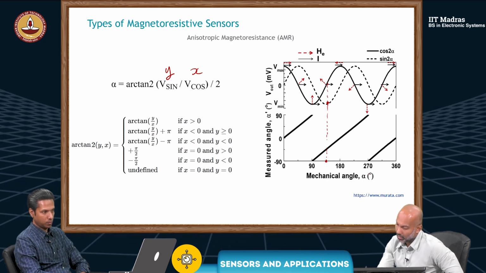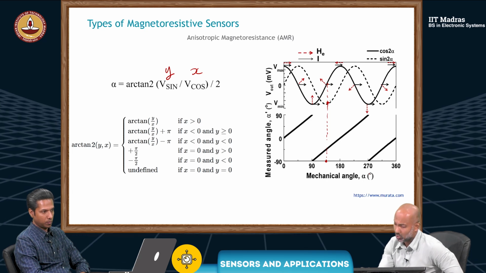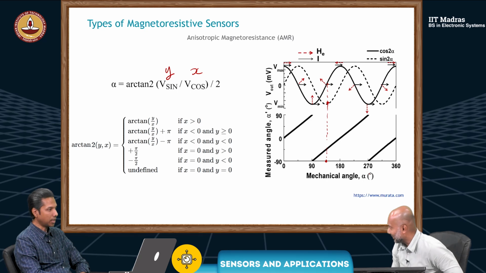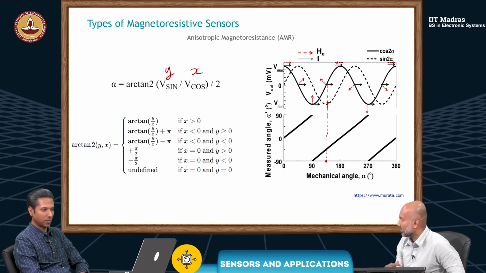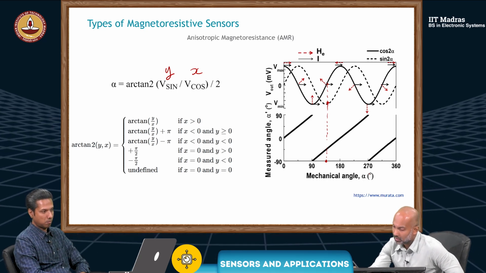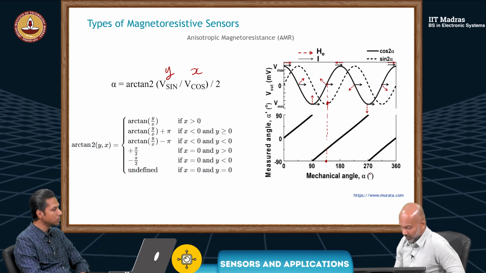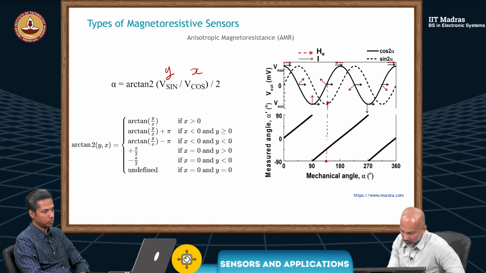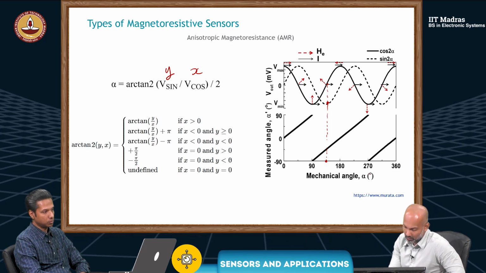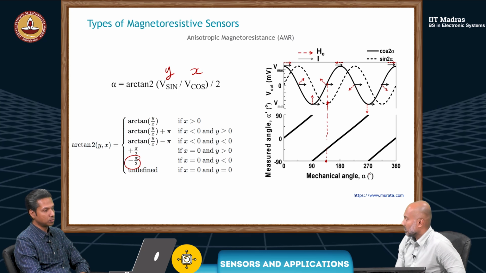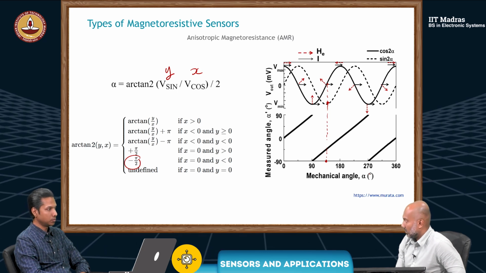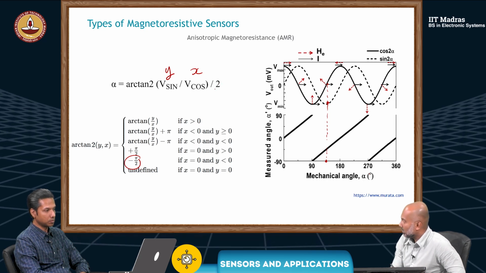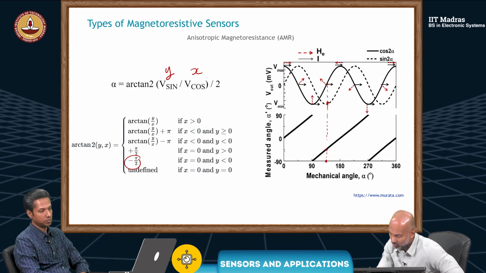Here, the sign is negative, so y is less than 0. X is 0. Then minus 90 divided by 2 is minus 45, which is what you see here.